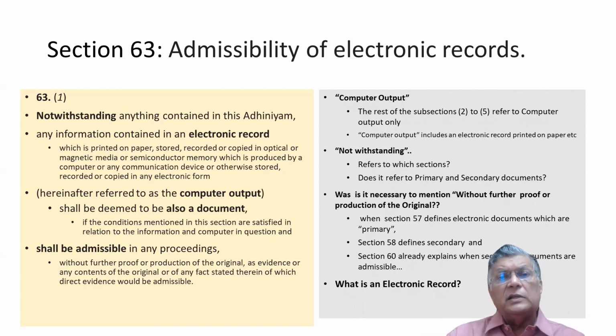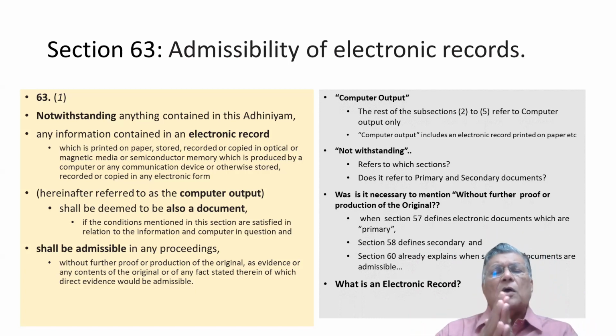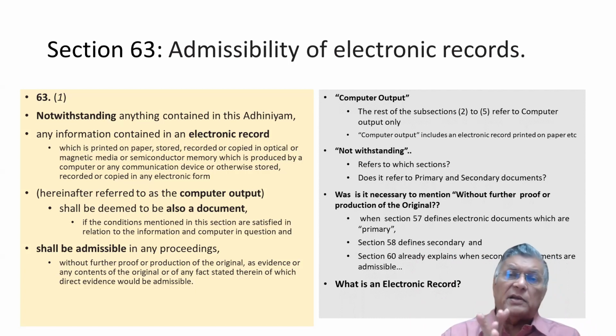But in this, they have introduced the explanations in section 57, so that we cannot ignore that the law recognizes a primary electronic document. Now, how can this secondary document exclude primary? Because that will only be if the primary document is not available, etc., for which a separate section says when a secondary document is admissible.